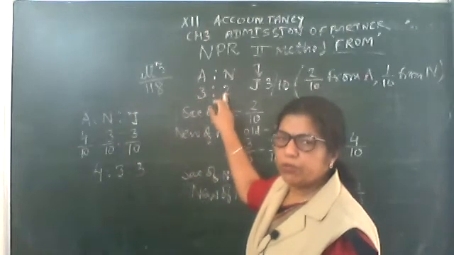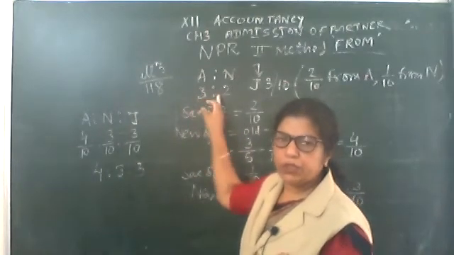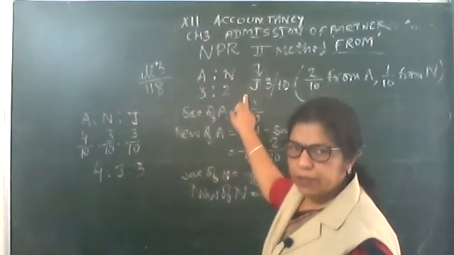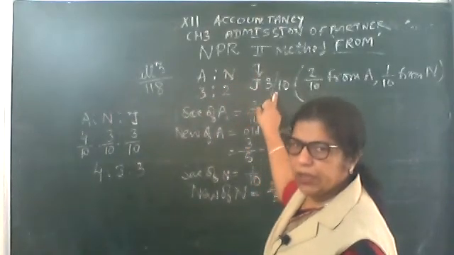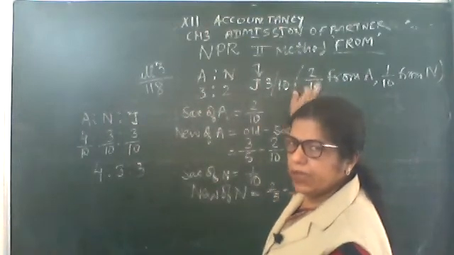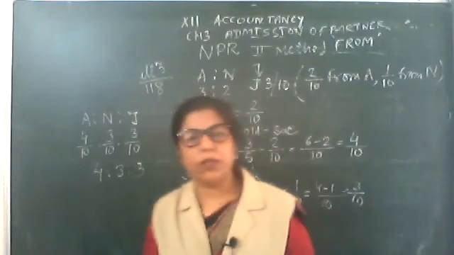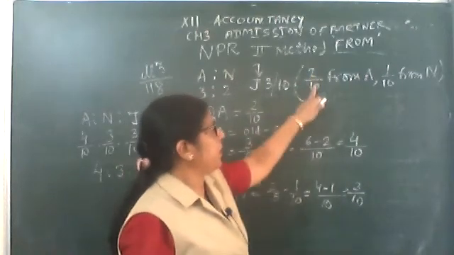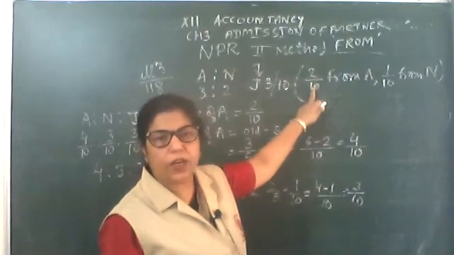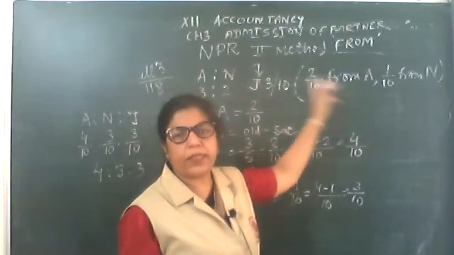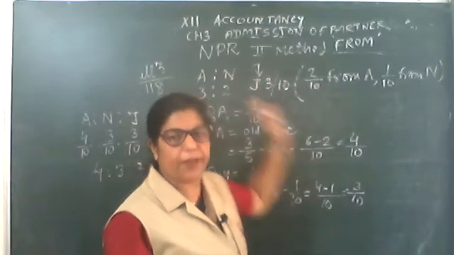Anshu and Neetu are partners in 3:2. They admit J, Jyoti, for 3 by 10. She will get 2 by 10 from A, Anshu, and 1 by 10 from Neetu. So 2 by 10 is the sacrifice of A, and 1 by 10 is the sacrifice of N.